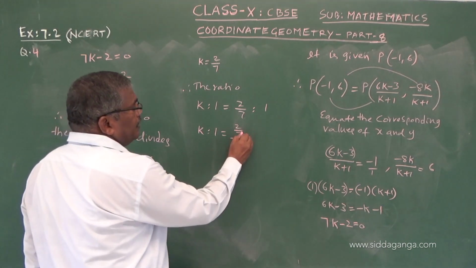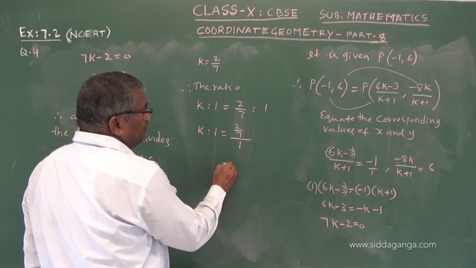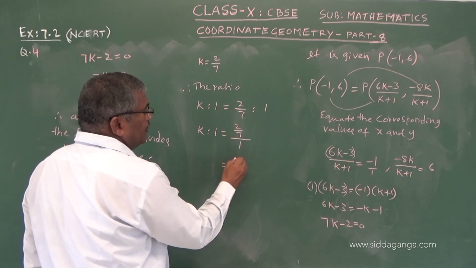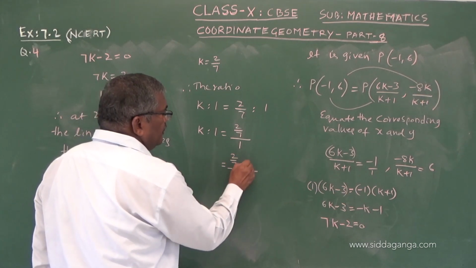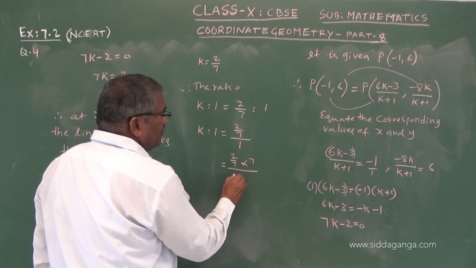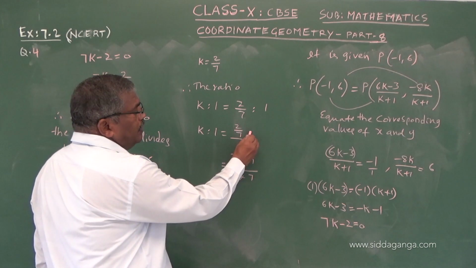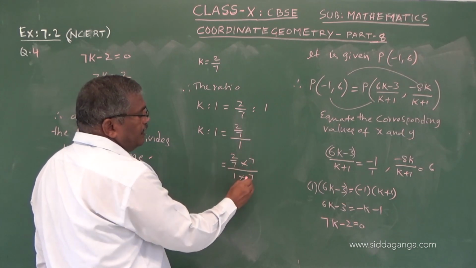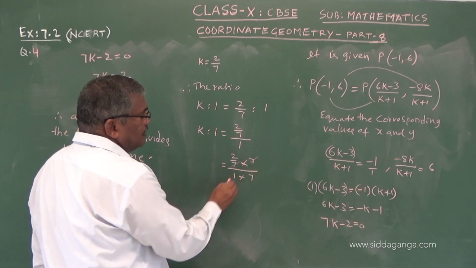Now, this is numerator, this is denominator. To avoid this 7, I will multiply both numerator and denominator by 7. 2 by 7 into 7 divided by 1 into 7. Here 7 and 7 get cancelled.